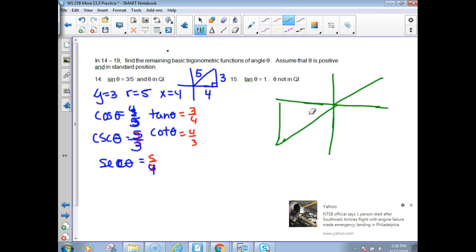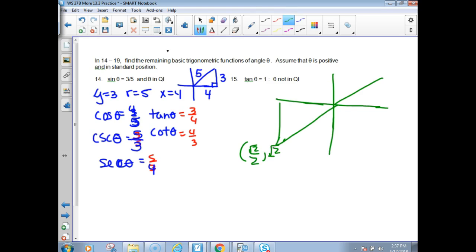Okay, what's the reference angle if you have a tangent of 1? Okay, if you don't know that, you are missing a huge idea. 45.